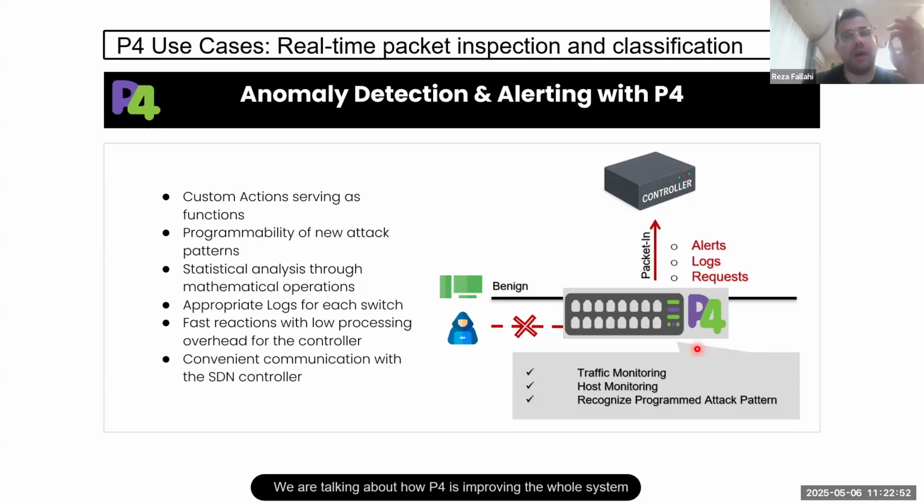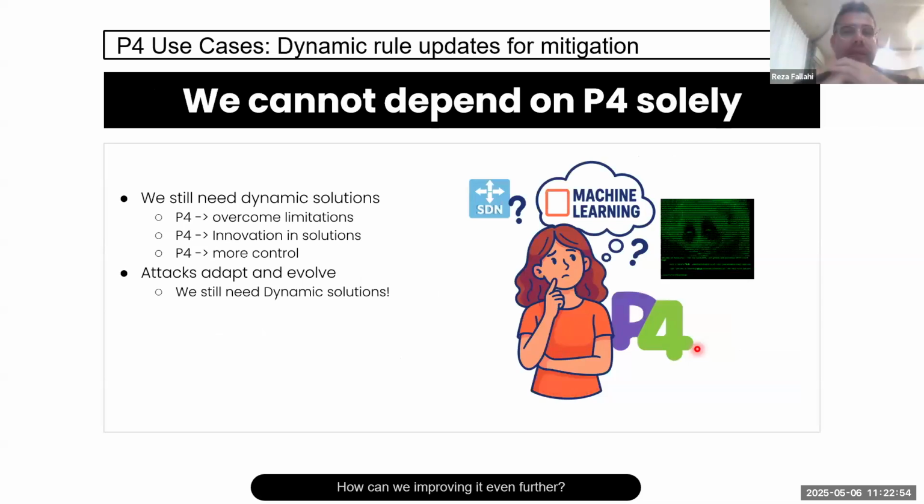So having this in mind, we cannot solely depend on P4's functionality and the P4 language. Nowadays, when we have AI solutions and dynamic solutions replacing static solutions, there is a missing point in most of the security ideas that are being proposed.